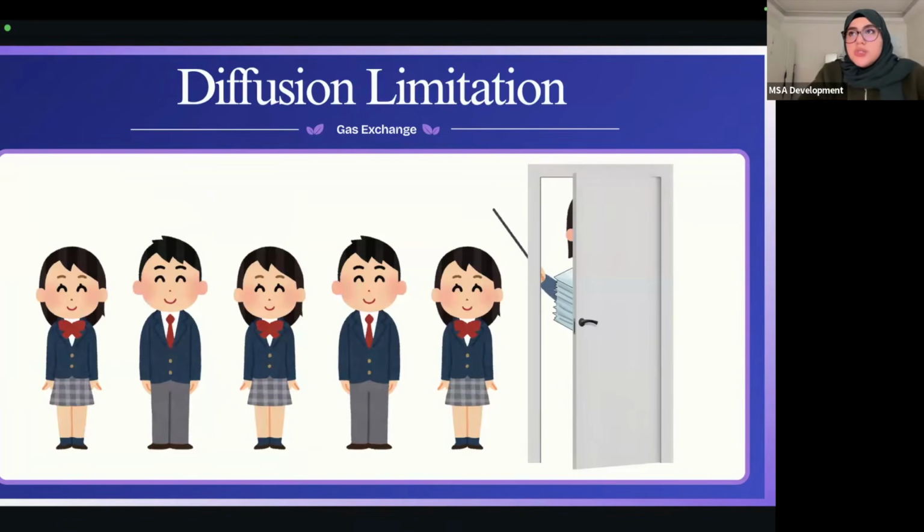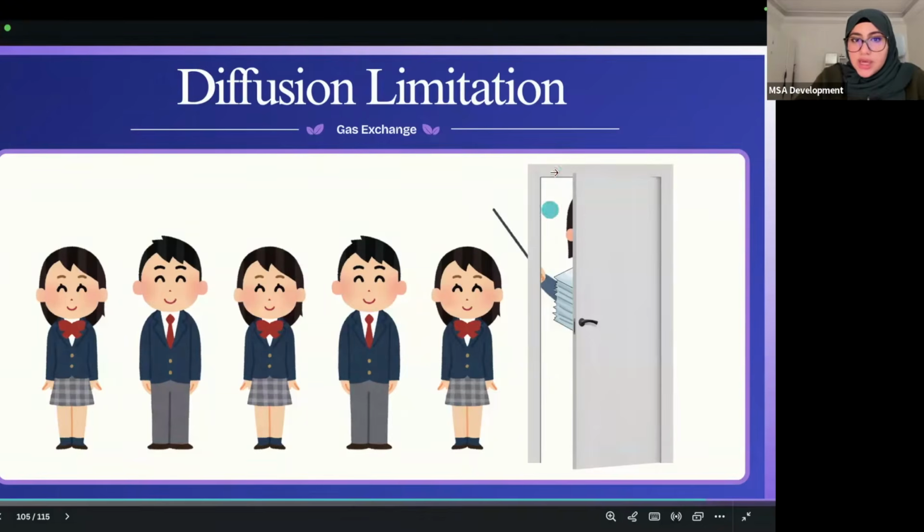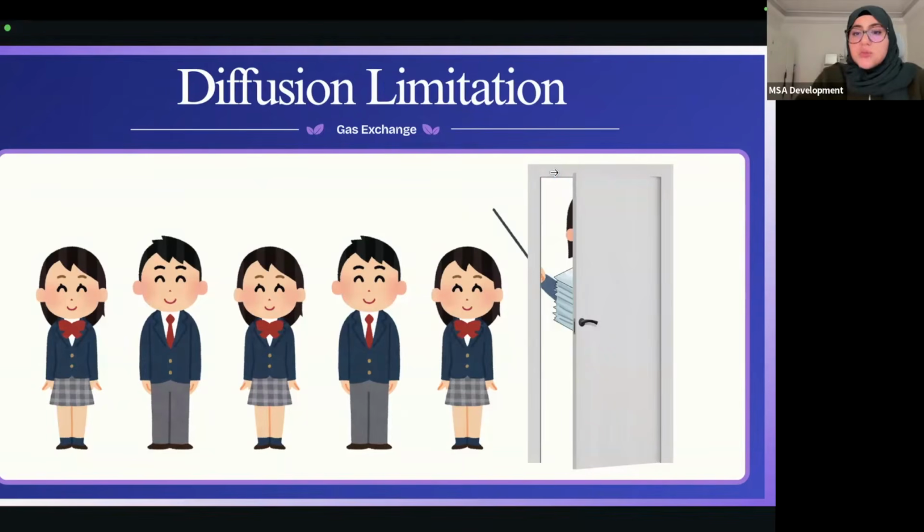Diffusion limitation just means that, remember the teacher that we talked about? She was giving out papers. Let's say this teacher was shoved behind a door, and this door had such a small opening. The diffusion limitation here is that there's something physically wrong with the membrane or with the diffusion capacity. So either it's too thick, or there's not enough surface area, or everything that we talked about before that affects diffusion.